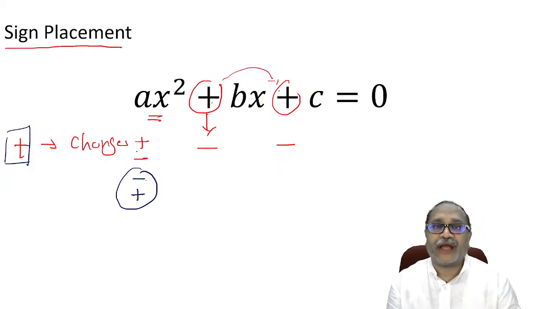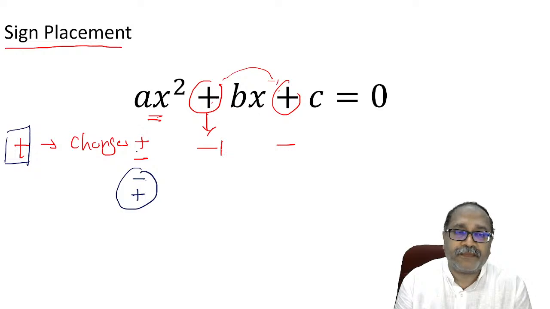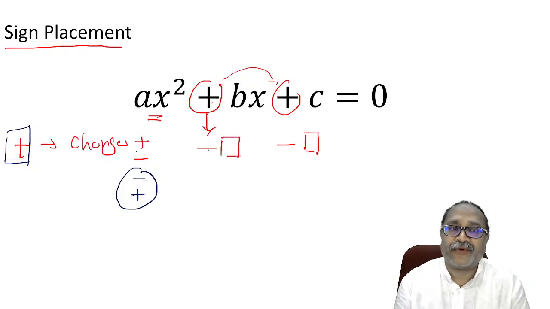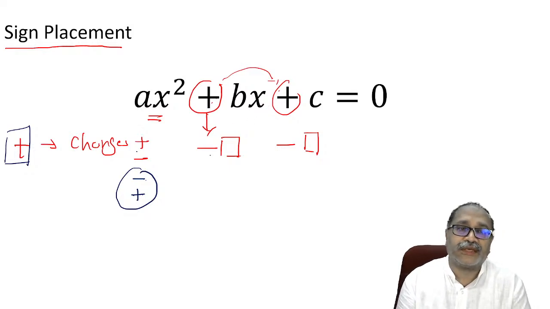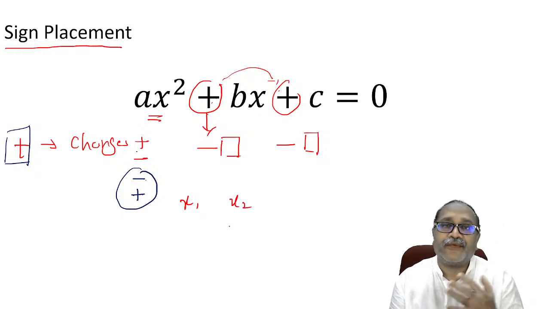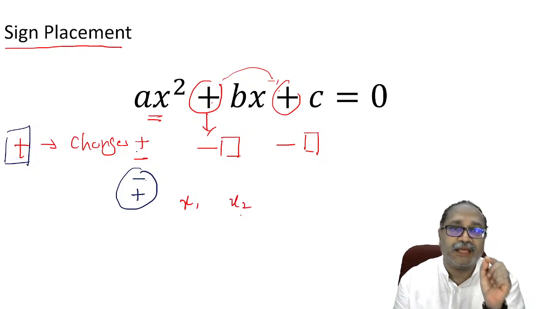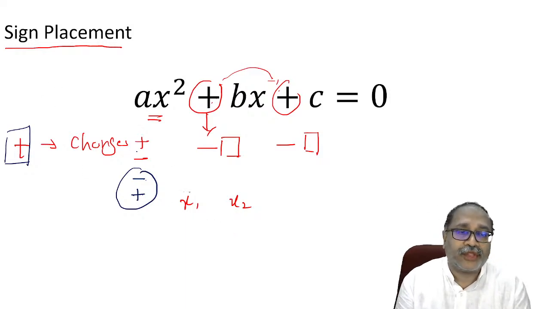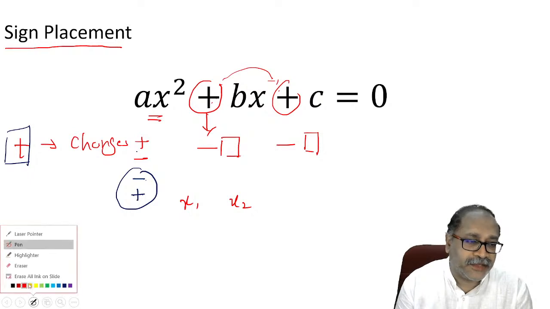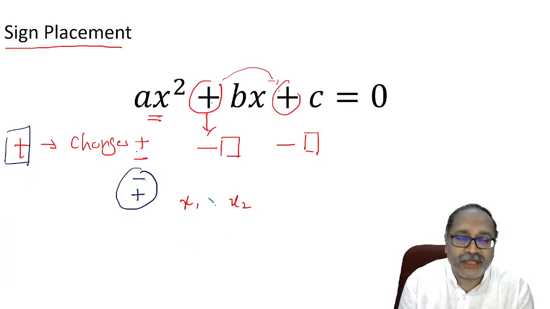Now coming to the value of x, which value should I place here and which value should I place over here? When you get the two values, that is x1 and x2, any one of them will be numerically greater, and the other one will be numerically smaller. The one which is numerically greater will come first.